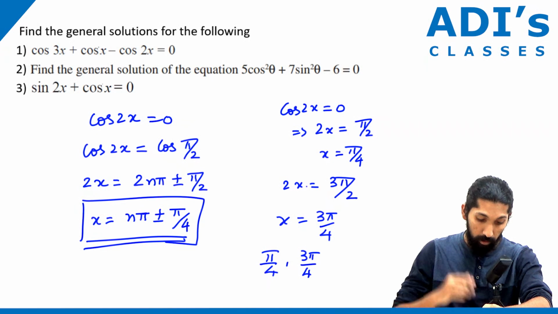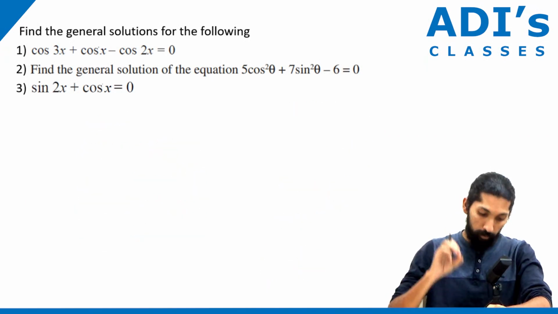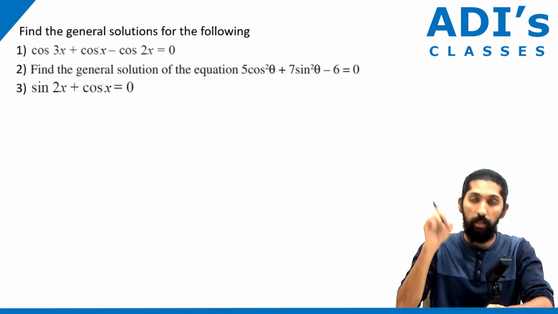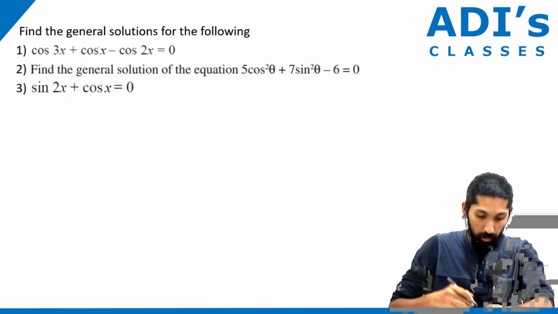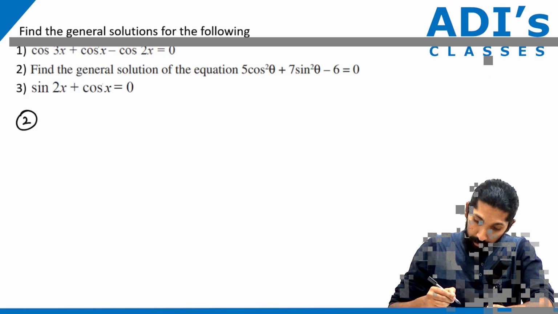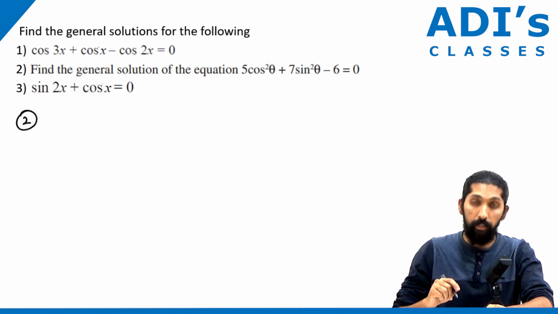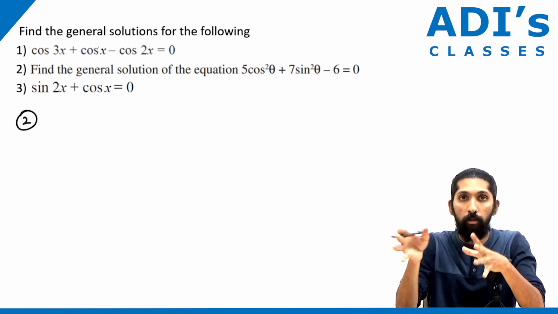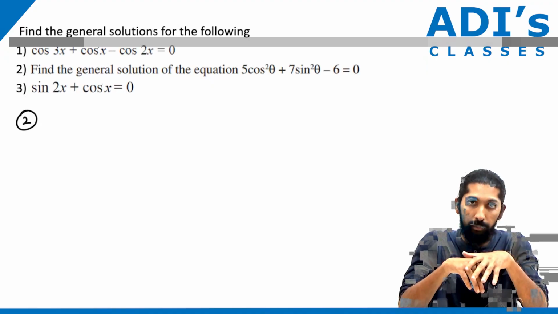Okay, now let's do the second question. For this one, we'll calculate only the general solution. Let's not do both. So here, you have 5 cos square theta plus 7 sin square theta minus 6 is equal to 0. Here, we'll convert one of the trigonometric functions in terms of the other.